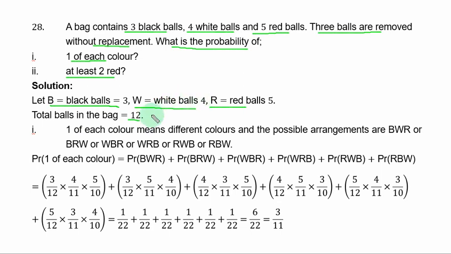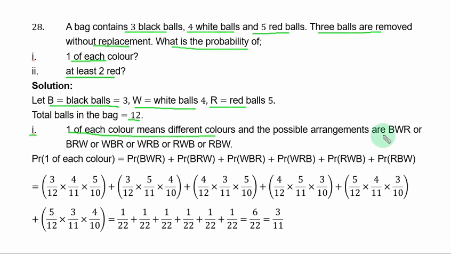You have 12. The first part of the question, 1 of each color means different colors. That is, you have black, you have white, you have red. So you have to consider the possible arrangements.